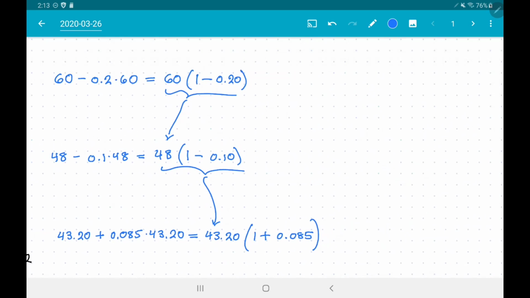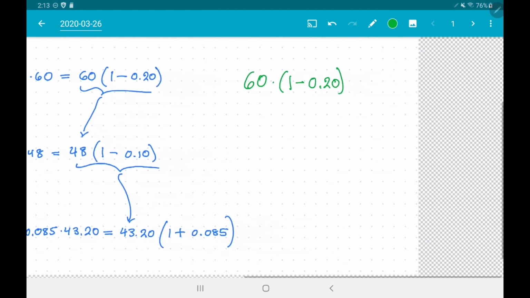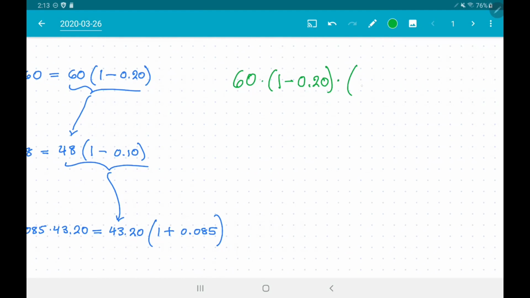So if I now look at what we've done, we started with 60, multiplied by 1 minus 0.20 to take 20% off. That was the 48. We then multiplied that by 1 minus 0.10. That was the result of the coupon. And then we multiplied by 1 plus 0.085 to get the tax.